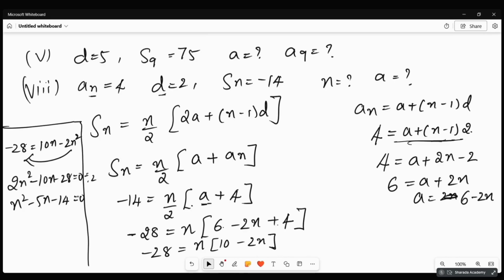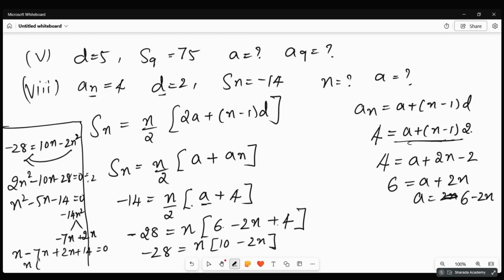So what you will get? Minus 14 n square. 7 and 2. Here it's minus, no? So one minus, one plus. So you will get n square minus 7n plus 2n minus 14 is equal to 0. So n is equal to how much you will get here? 7 and 2.